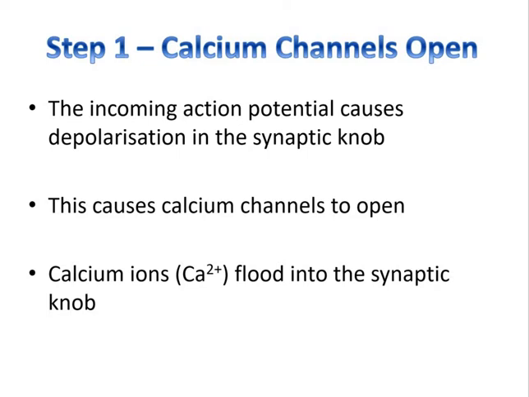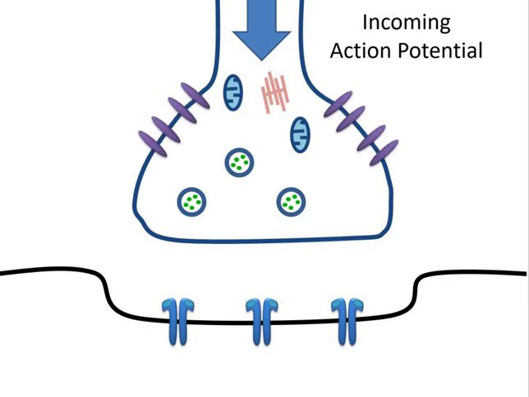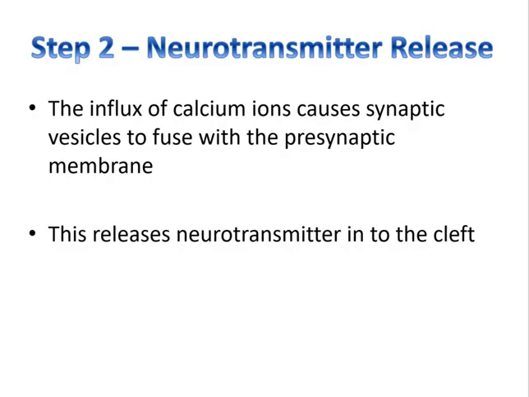So extracellular calcium, in the extracellular fluid, is going to flood into the synaptic knob. Okay, so the channel's open, and then calcium ions are going to flood inwards. And they'll close again. So that's the first step.